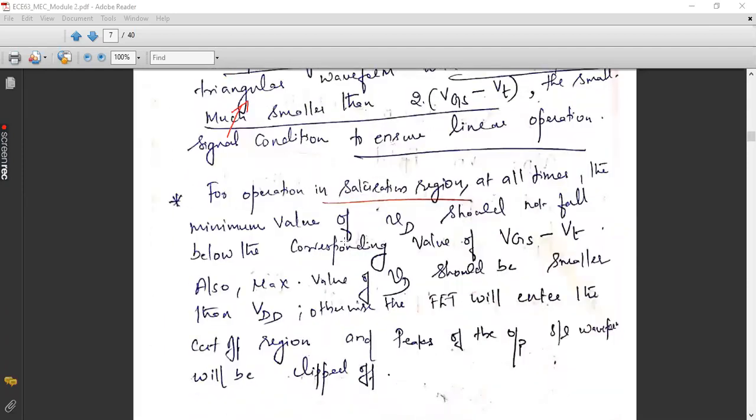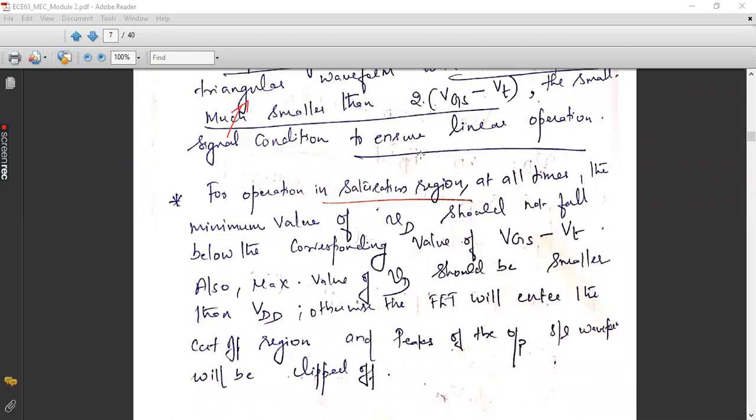Second is, I already told you, you have to fix the Q point midway in the saturation region. Your Q point should not shift towards point A, neither should it shift towards point B, where A and B are the extreme points of the saturation region, as we have discussed in the previous class. So the biasing point should be in the middle of the saturation region, so that we can expect a full swing in the output.